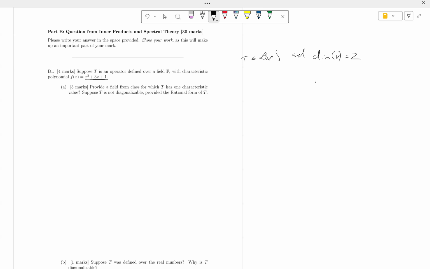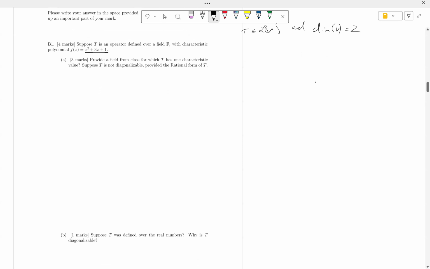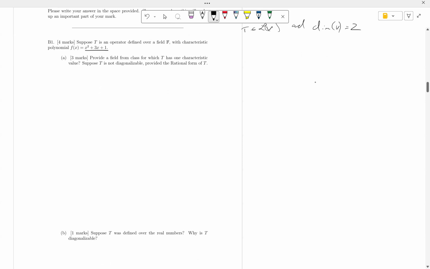From here, it asks us to define a field from class for which T has one characteristic value. What this means is that I am able to factor, and I have one repeated root.